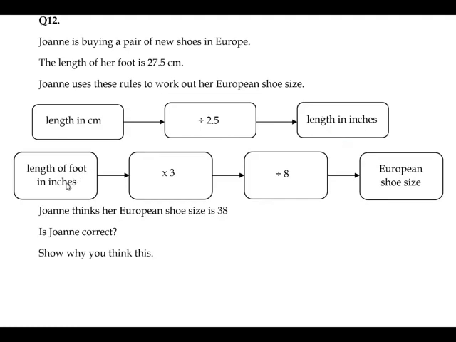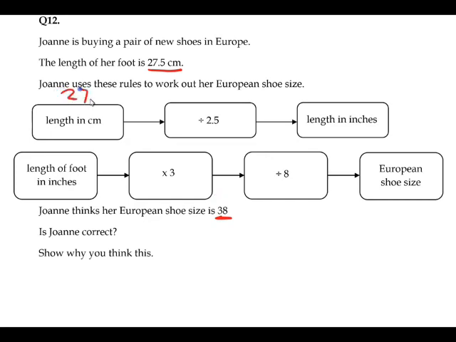The length of a foot in inches, you multiply by 3, add 8, and then it gives you the European shoe size. So Joanne thinks her European shoe size is a size 38. Is she correct? So what we need to do is put her foot length in here and go through our function machine to see what European size she actually is.